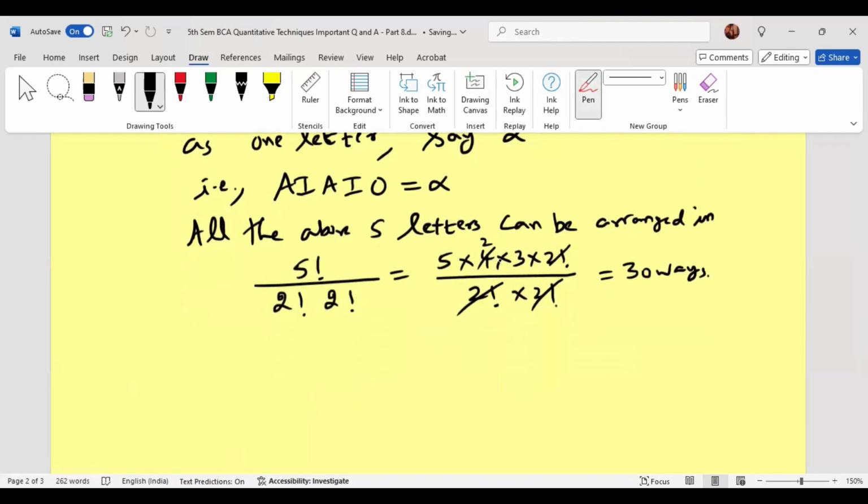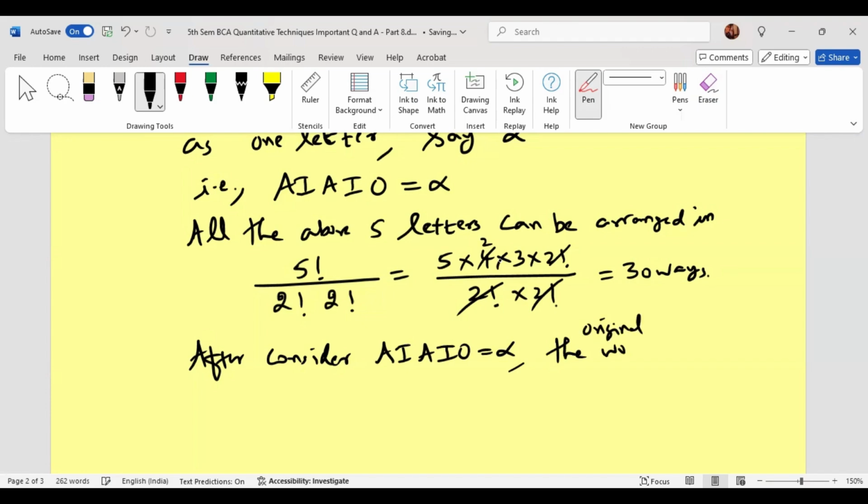Now for the full word. After considering AIO equal to alpha, the original word will have, what are the letters it will have now? It will have N, M, T, N, and then alpha.